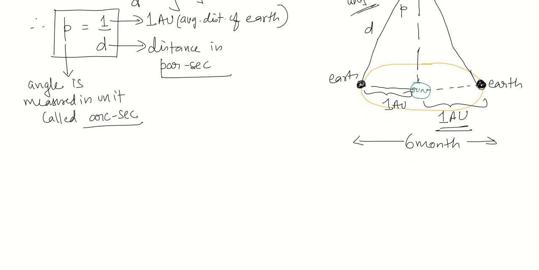So if somebody asks us to define 1 arcsec, how do we define it now?